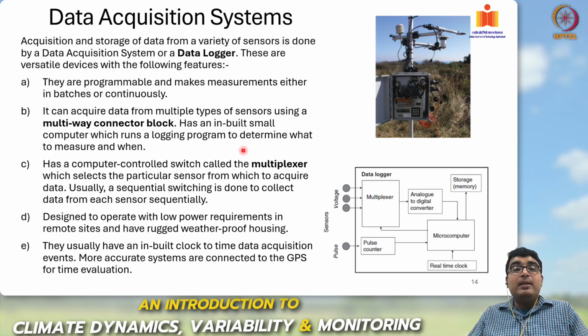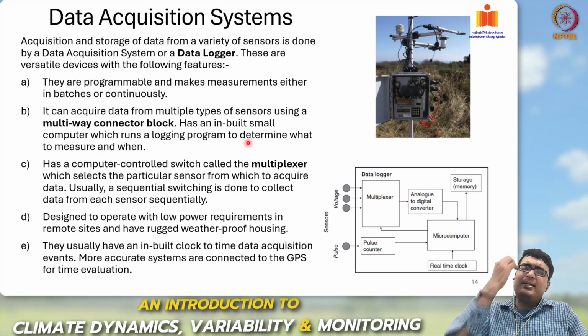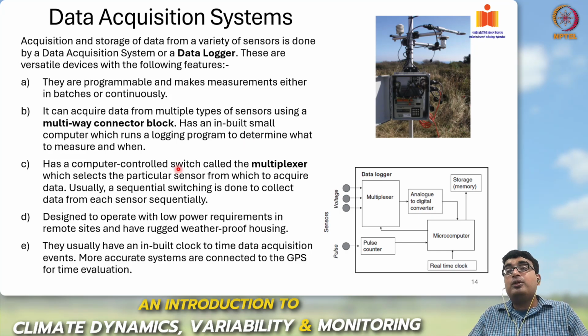It has an inbuilt computer which runs a logging program to determine what to measure and when. So the sampling strategy, what to measure when, is programmed inside this data logger through an inbuilt computer, a microprocessor or something like that. It has a computer controlled switch called the multiplexer, which selects the particular sensor from which to acquire data.